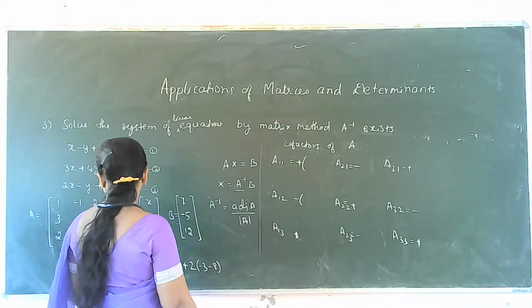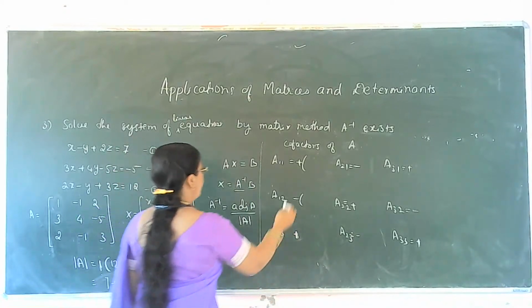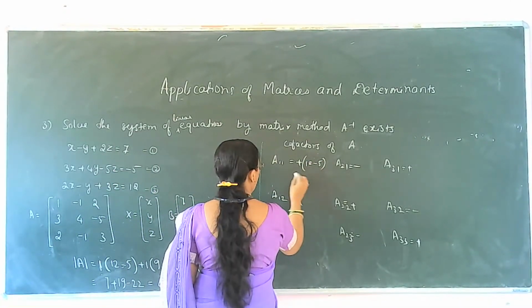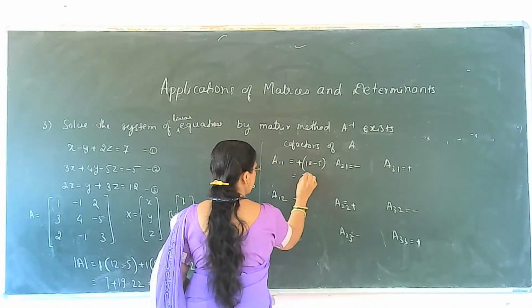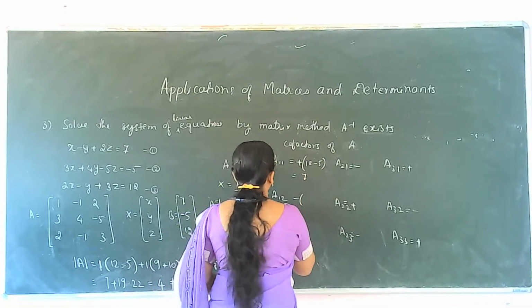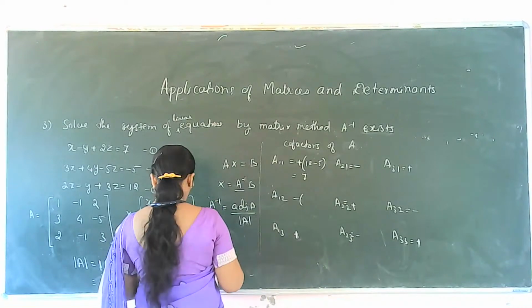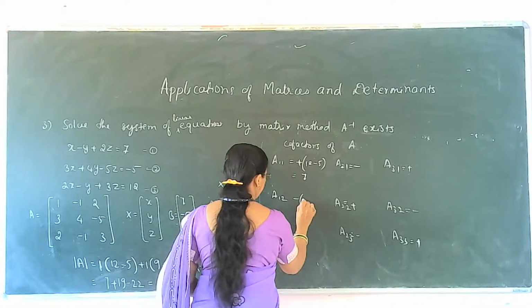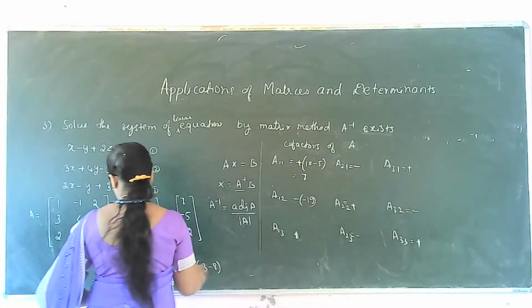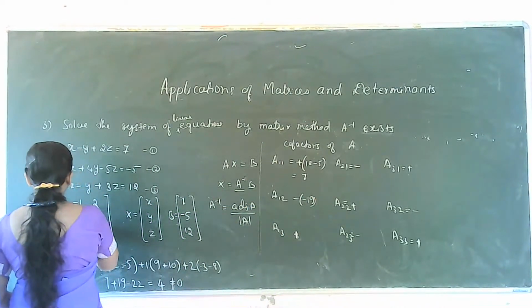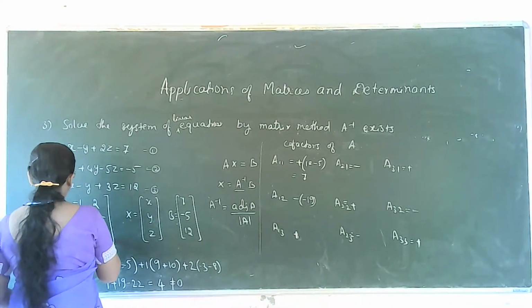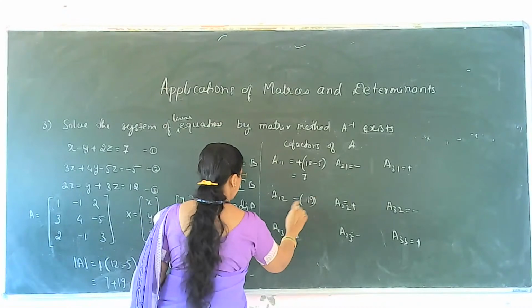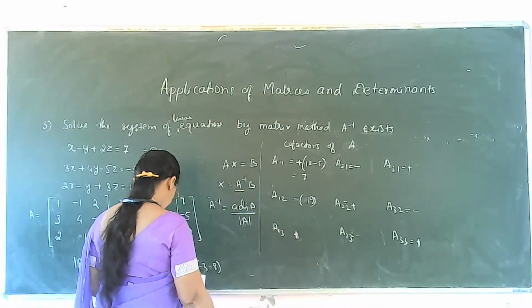A11 is 12 minus 5, which is equal to 7. A12: deleting these two terms, 9 plus 10 is plus 19, and with the sign it's minus 19.